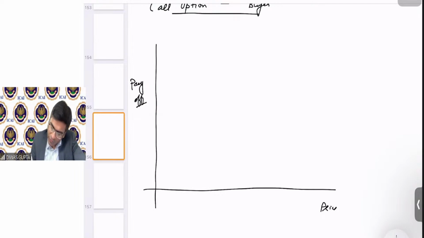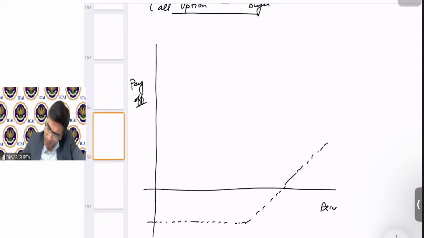And we said that for a call option holder, it will start like this and it will move on like this. Correct, students? Till now, I hope all of you are with me, students.